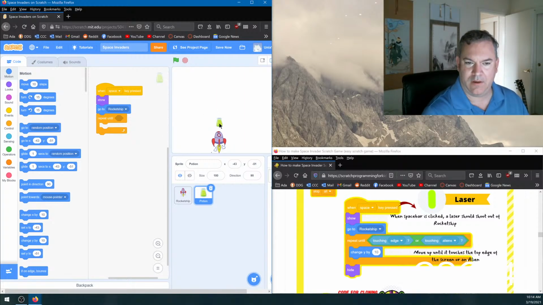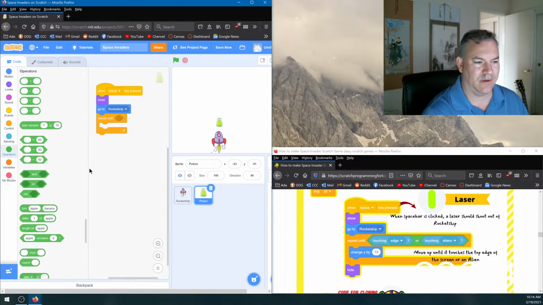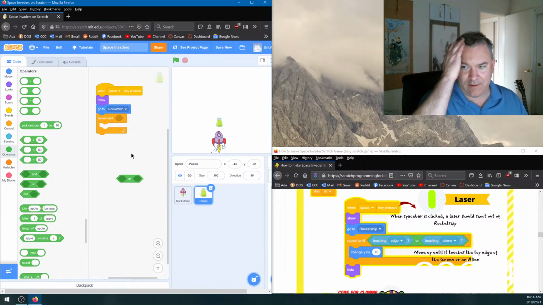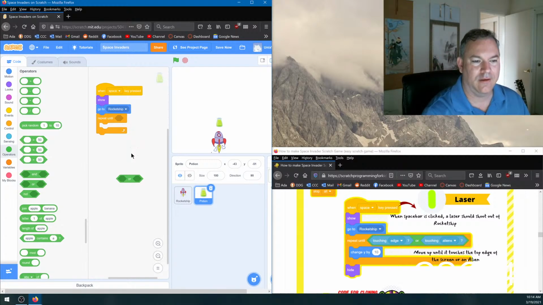Okay, so the laser will repeat until it hits either the edge of the screen or it hits an alien. So how do you do that? All right, well, I do the OR first. So you can see the OR is green here. Do you remember how we talked about truth tables? So if it is hitting either an alien or the edge of the screen, then you just drag out an OR, plug that into the hole there, and then you can see these things here are blue.